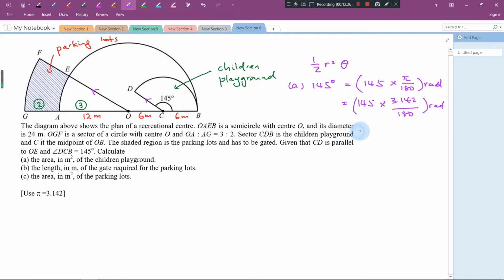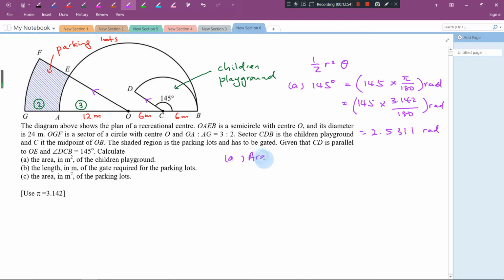So this is radian. 2.5311 radian. Okay, so this is the angle in radian. So we can start to use this formula to help us get the area.